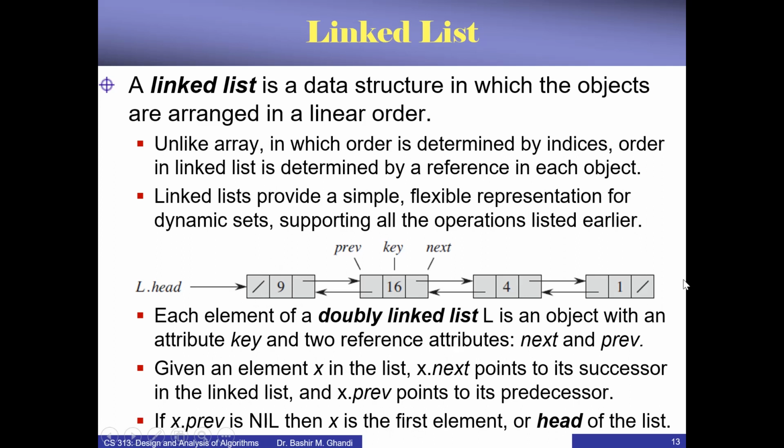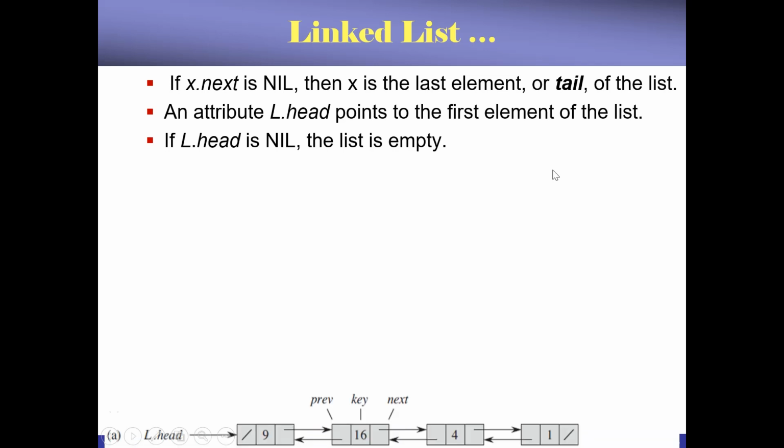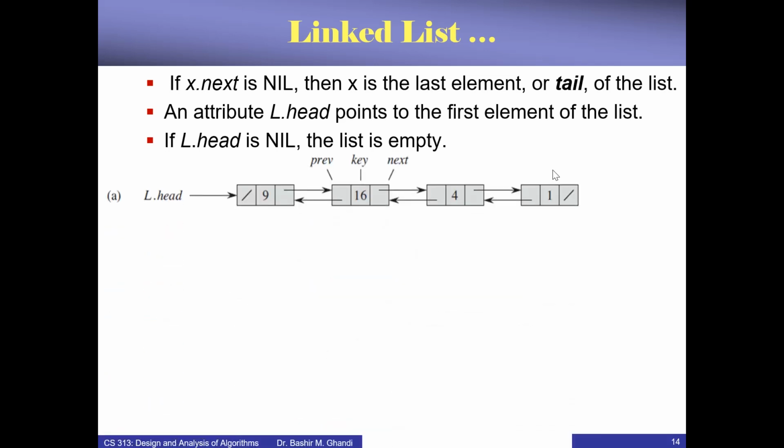And similarly, if x.next is nil, it means this is the last element. An attribute L.head points to the first element, as I explained earlier. And if L.head is nil, it means the list is empty. So again, this is the structure. Let us now try to do some operations and see how the list will behave.